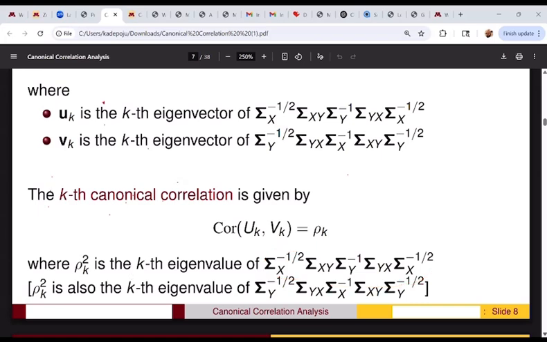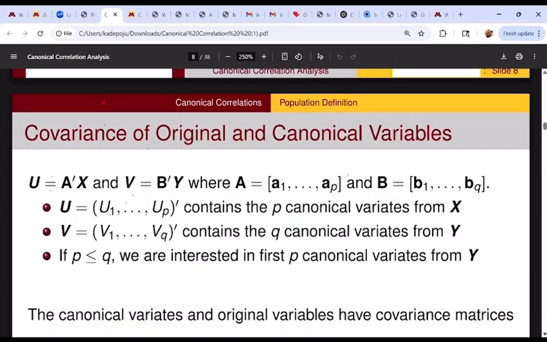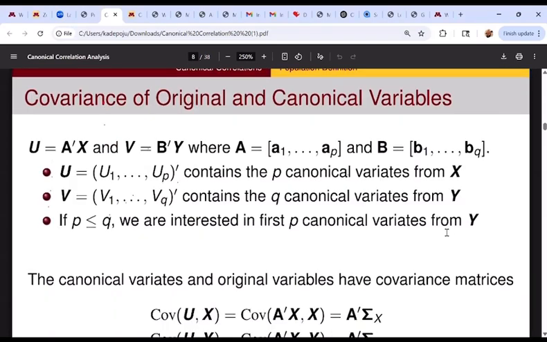Now, the next in line, I want to talk about the covariance. Is there any relationship between the original and the canonical variables? When I say original, I mean maybe X, some variable in the set of X, and these are their canonical variables.